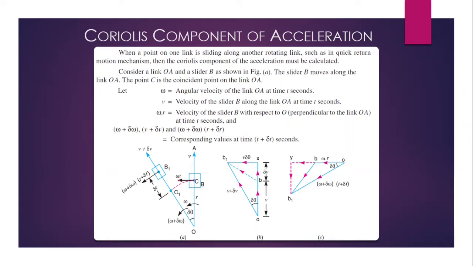When a point on one link is sliding along another rotating link, here the rotating link is OA, and another point or one slider is sliding over that rotating link, such as in a quick return mechanism or a quick return motion mechanism, then the Coriolis component of acceleration must be calculated.